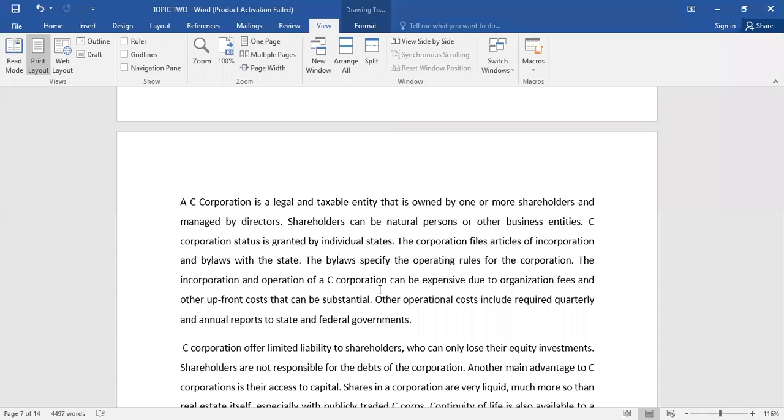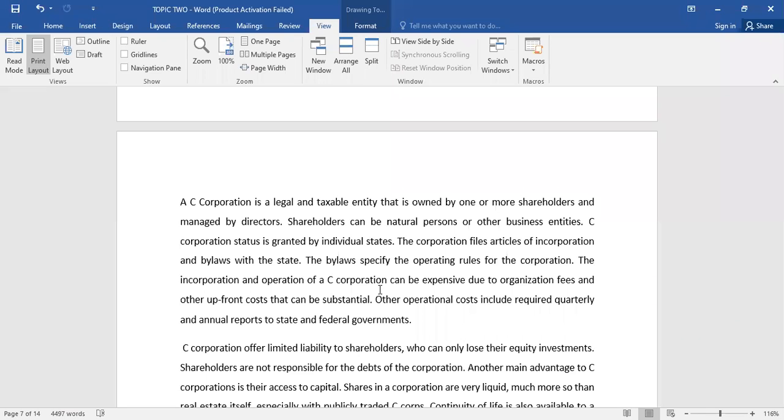It is much allowed. So C corporation status is granted by different countries. Now the corporation files articles of incorporation and the bylaws, or what we call the memorandum of association. So we have the constitution and we have the bylaws that will be guiding the operations of this particular corporation. So they specify the operating rules for that corporation.